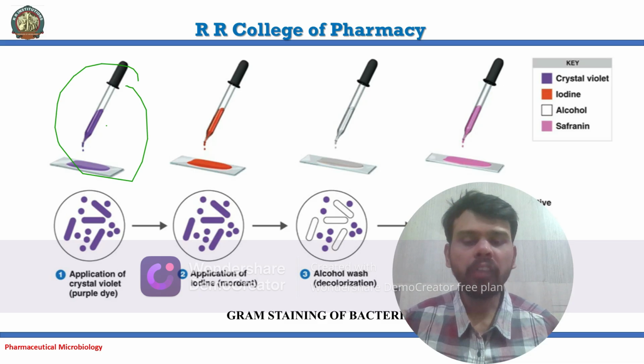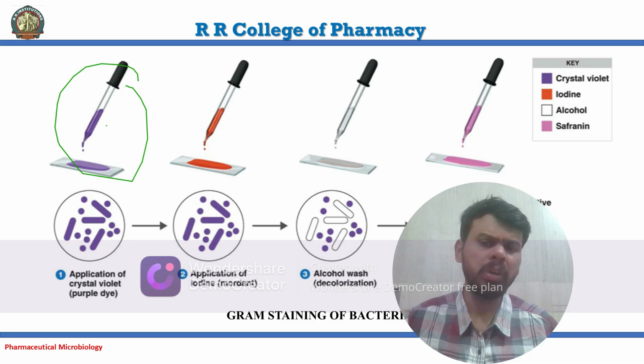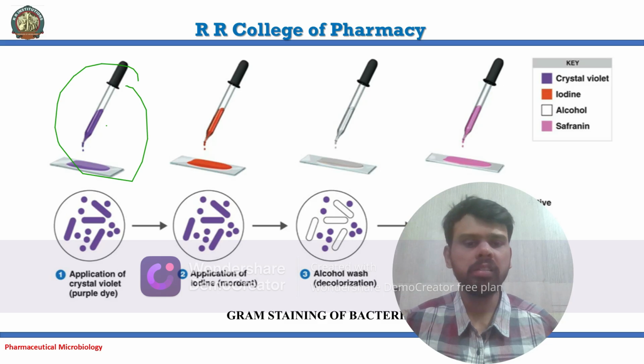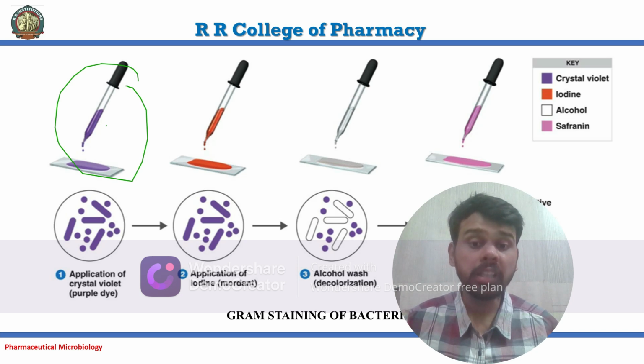After addition of the crystal violet, the primary stain, allow it to stand for a period of 30 seconds. After that, take tap water in a beaker and wash it, and after 30 seconds we need to add the second thing.